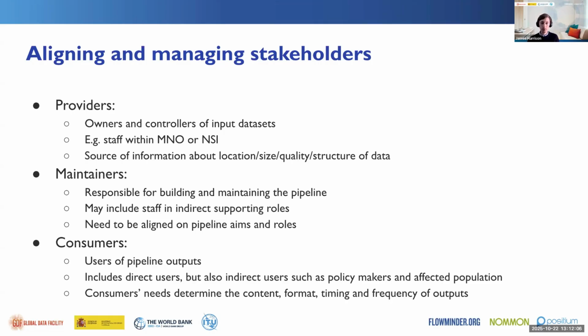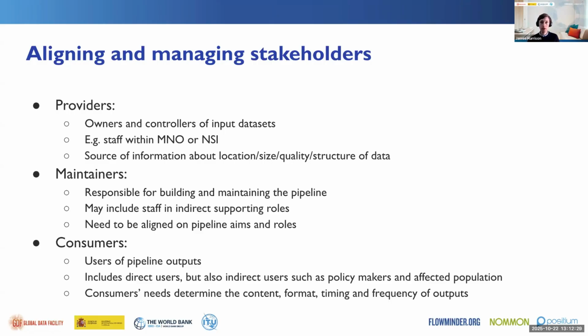And so essentially this category of stakeholders are the ones that will determine all aspects of the outputs, the content of the data outputs, the format in which that is produced. So that could be just raw data sets, or maybe it's reports or interactive dashboards, and also the timing and frequency of those outputs.